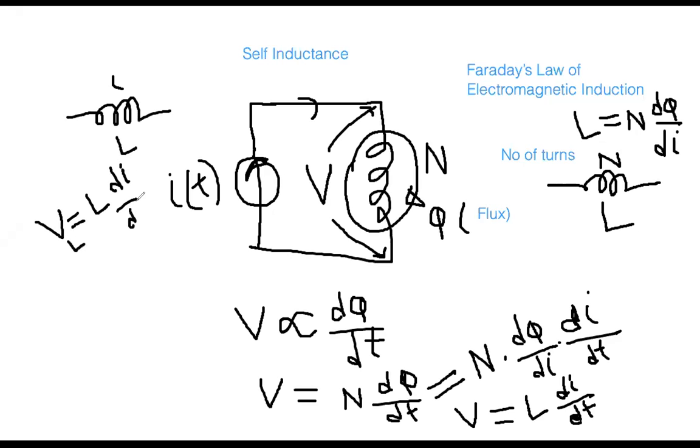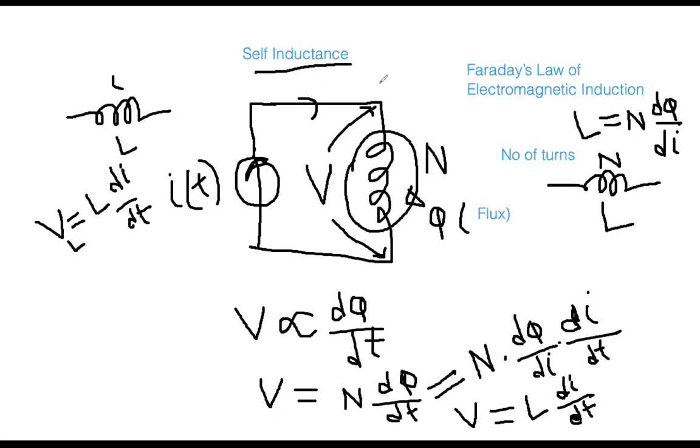Can you remember now? So this is the origination. Maybe at that time you did not take care, but this is the theory, the phenomenon that happens. So V equal to L di by dt, and this L is called the self-inductance.